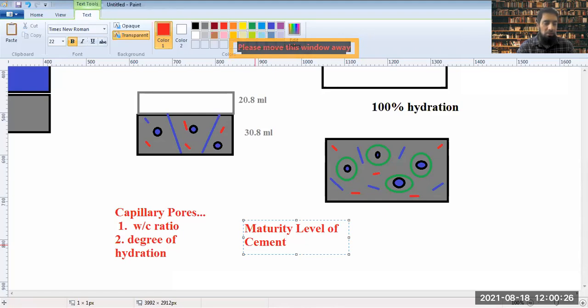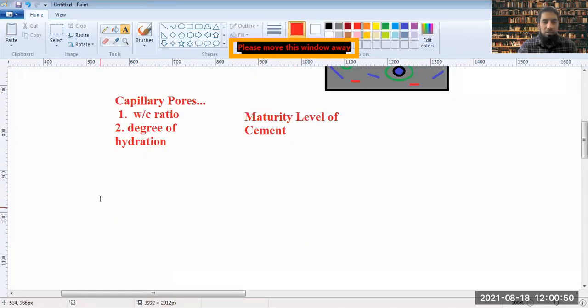The maturity level of cement is how mature a stage the cement has reached, how much hydration has happened, 50%, 100%. So both water cement ratio and degree of hydration have an effect on the maturity level of the cement. The water cement ratio has to be less than 0.7.